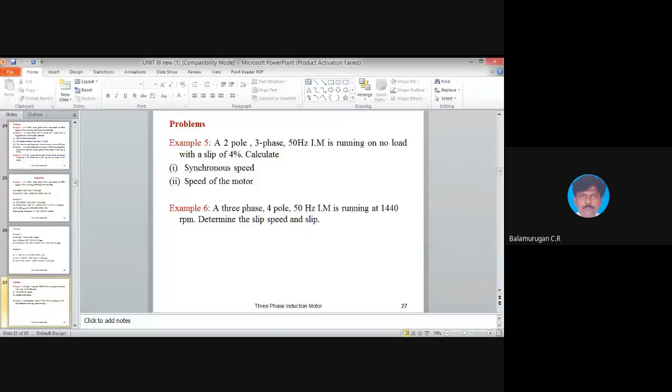So phi x is 0, so we do not have the R phase. R phase is absent. We have only Y phase and B phase. B phase is a positive value and Y phase is a negative value. Negative value means you have to draw in the opposite direction, so this will be minus phi y. Then you have to take the resultant, which is considered as phi r.